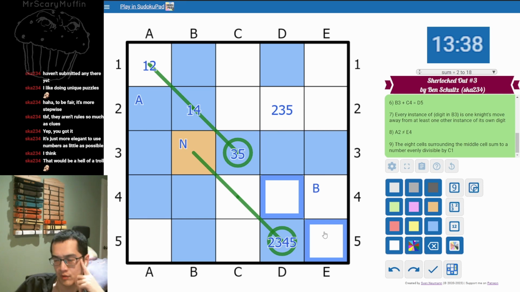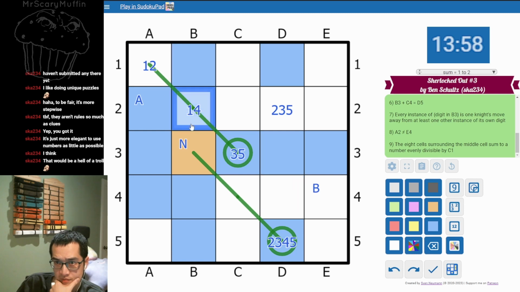But it is an odd number, so these two have to be different numbers. That much we know. In fact, one has to be an even number, the other one has to be an odd number. I don't know if that has any bearings on this.